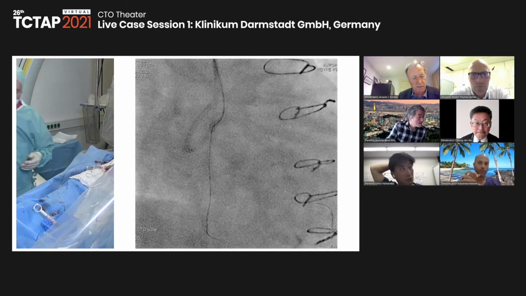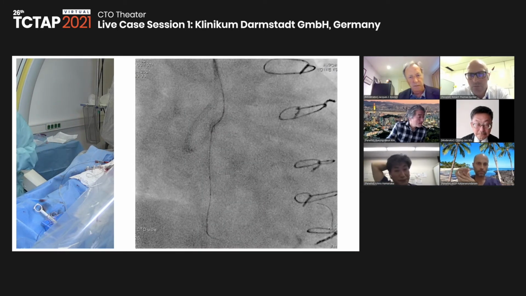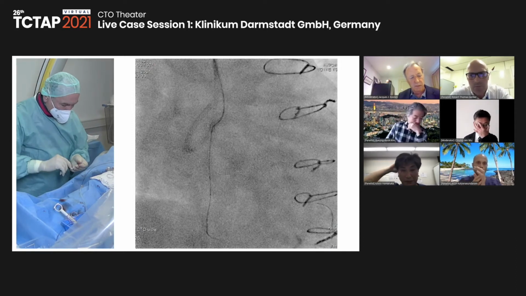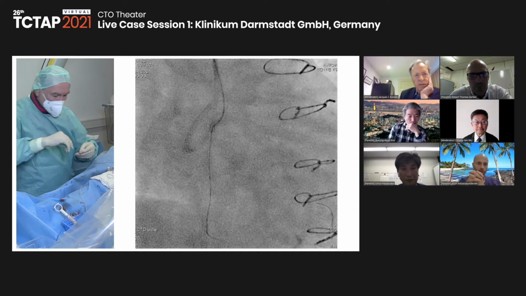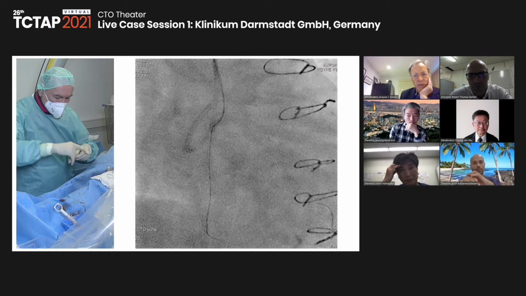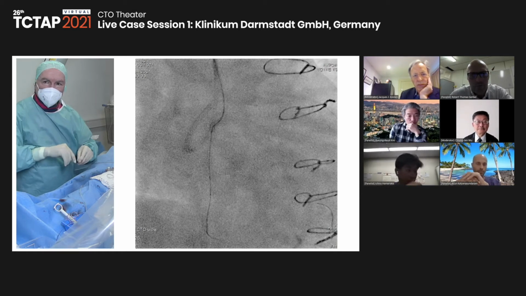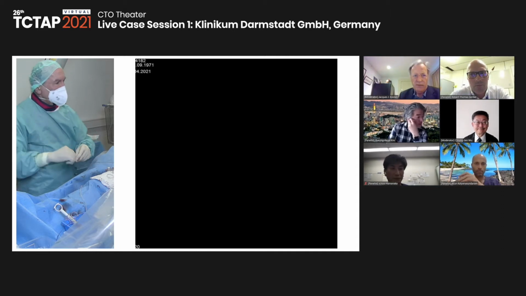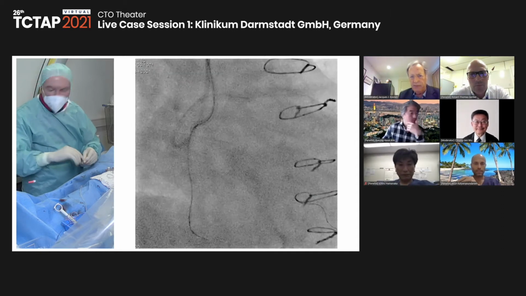So, yeah, the retrograde approach is easy when you are retrograde, and then it's not so easy when you want to make the connection. Sometimes the septal passage is easier than you think. And here, actually, I calculated that this septal approach should be not too difficult. A little bit miscalculation.